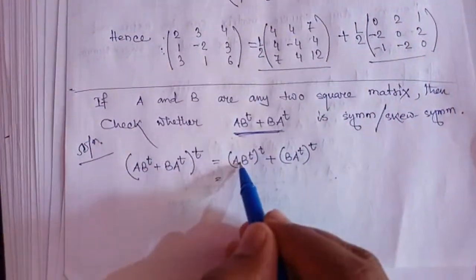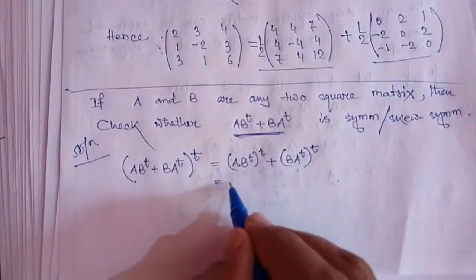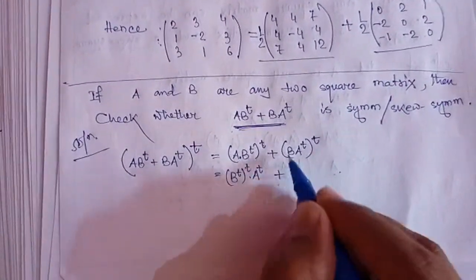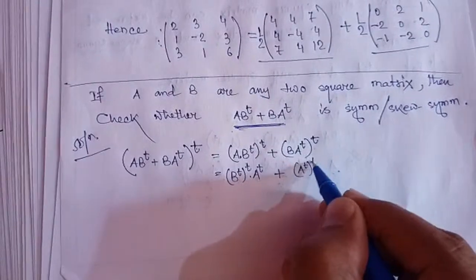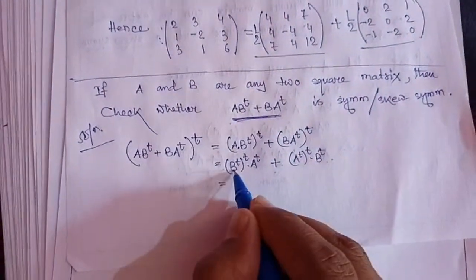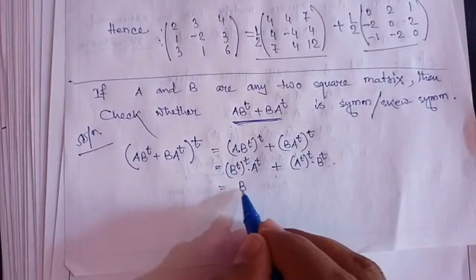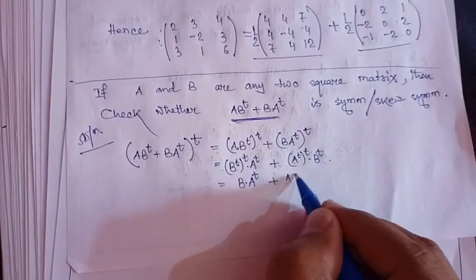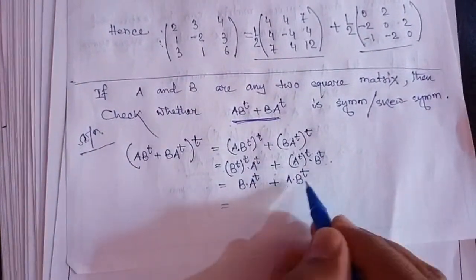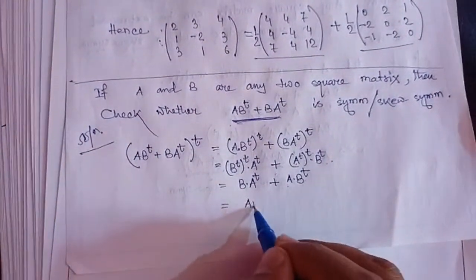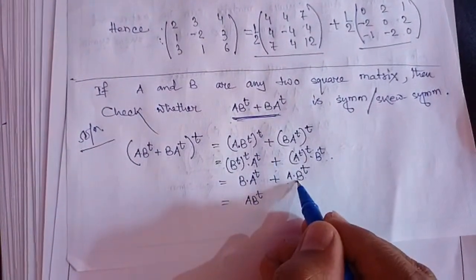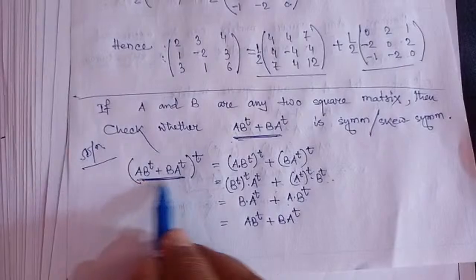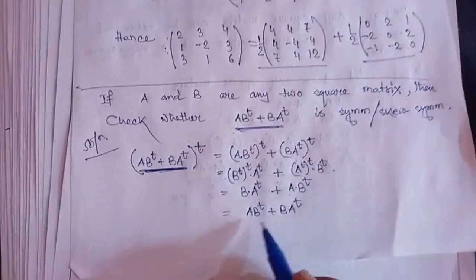So here also there is a product, so the second one gets the transpose, then the first: (B^T) whole transpose into A transpose, and in the same way (A^T) whole transpose into B transpose. Now transposing B^T again gives back B, so B into A^T plus A into B^T. So what are we getting? AB^T plus BA^T only, we are getting back. So when we take the transpose of this particular matrix, we get back the same one.